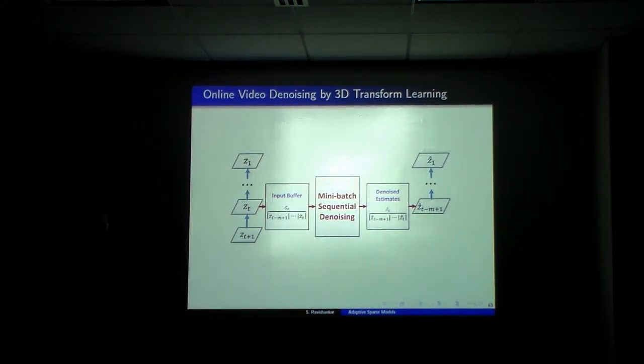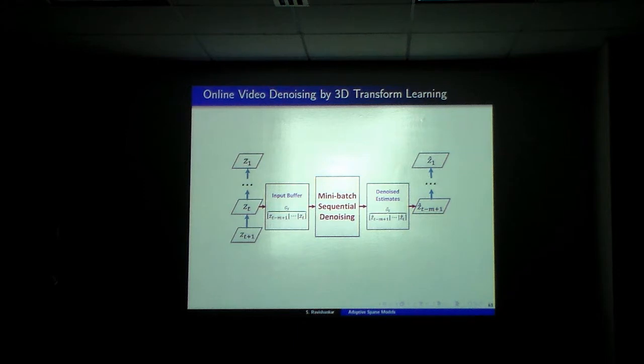And finally, you can apply such an online scheme for video denoising. So you have video frames coming in, and you want to denoise these frames. What we do is collect a small set of frames at each time instant, M frames: the latest frame, which is Z_t, and up to M-1 past frames.